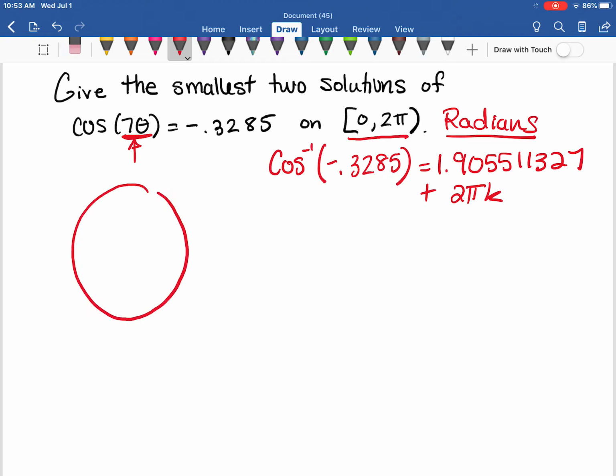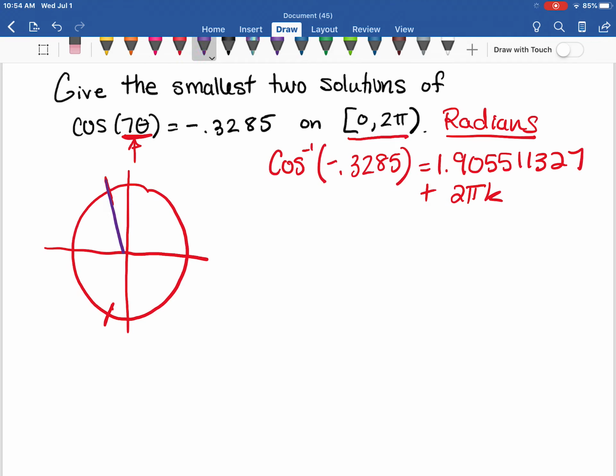Now, when we look at the unit circle, there are two places where cosine would be negative 0.3285. That would be somewhere here or somewhere here, because remember, cosine represents the x-coordinate, so we're looking to see where x would be negative on the unit circle.